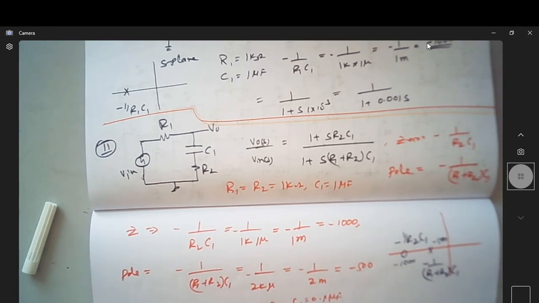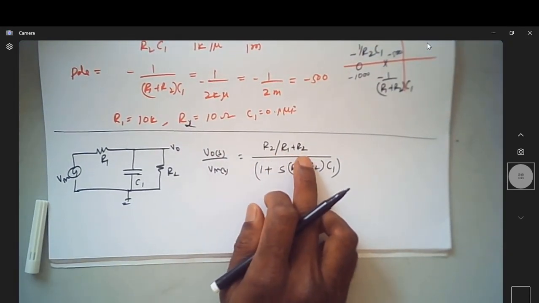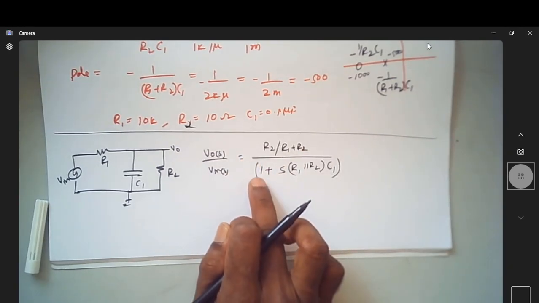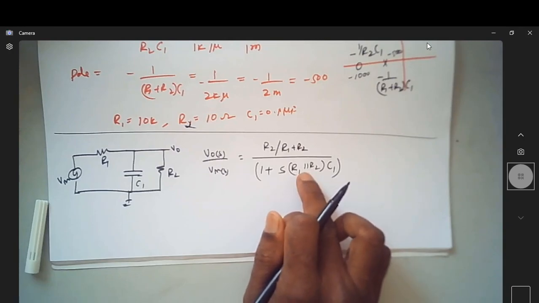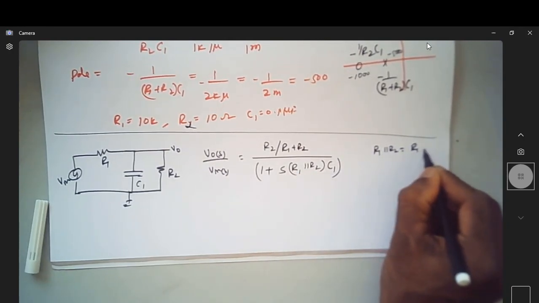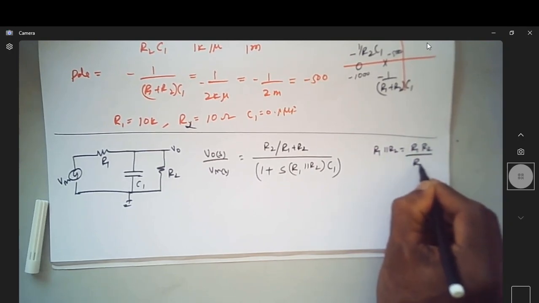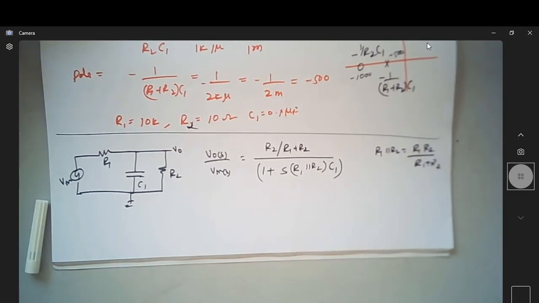So it is R2 by R1 plus R2 in the numerator, and in the denominator 1 plus S into R1 parallel R2 into C1. Of course, when I say R1 parallel R2, it is R1 R2 by R1 plus R2. This is the value that you need to substitute.